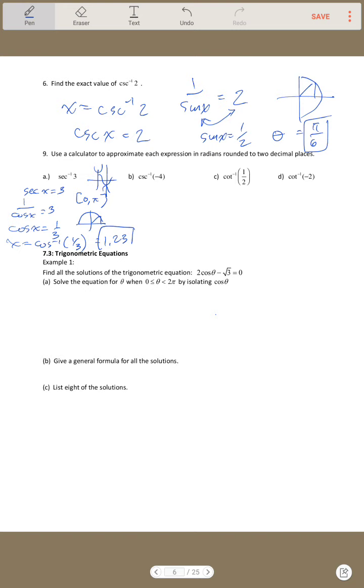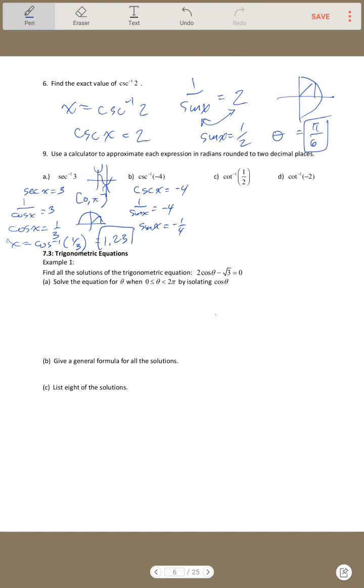So now we're going to do cosecant inverse of negative 4. That's really the same thing as saying let's find cosecant of x equals negative 4. Or that's like 1 over sine of x equals negative 4. Which, if we move things around, is the same as saying sine x equals negative 1/4.